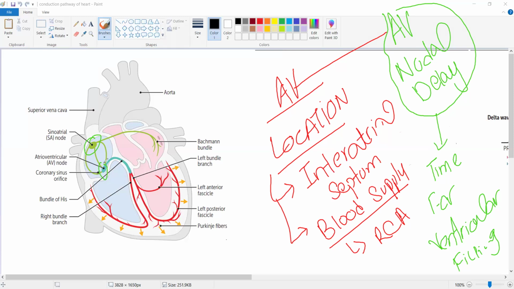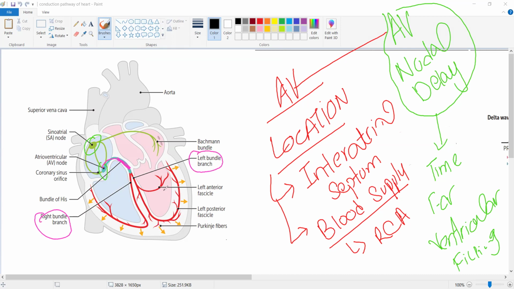From the AV node, the impulses travel to the bundle of His. The bundle of His divides into two branches, the right bundle branch and the left bundle branch.